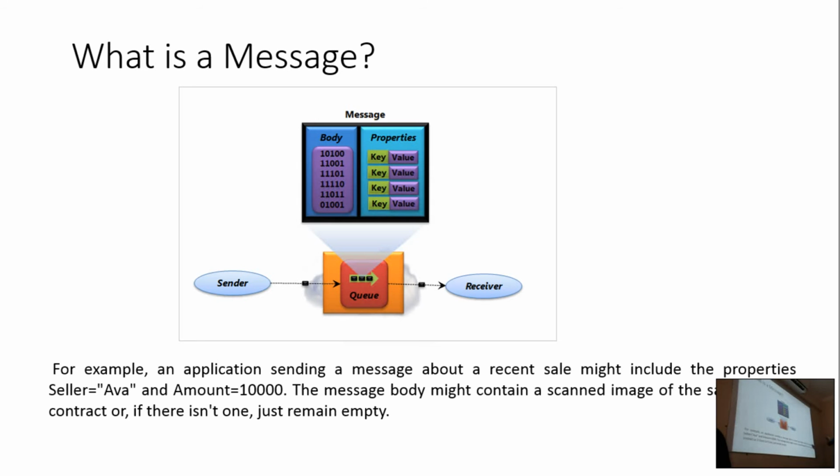So key values go like that. And in the message body, maybe you can store a scanned image of an invoice. So you fill the message and put it in the queue. That's it. Simple as that.